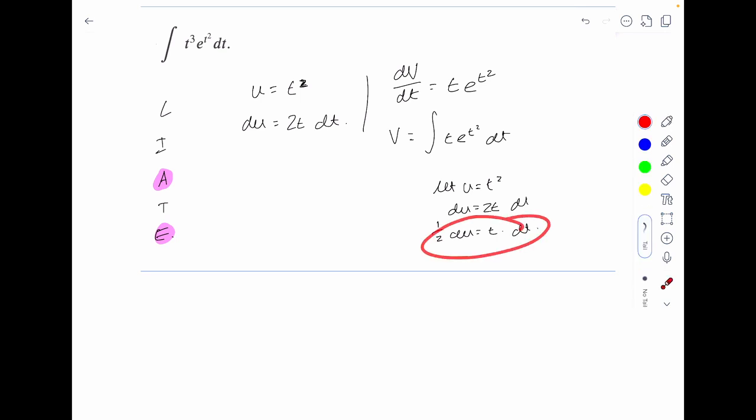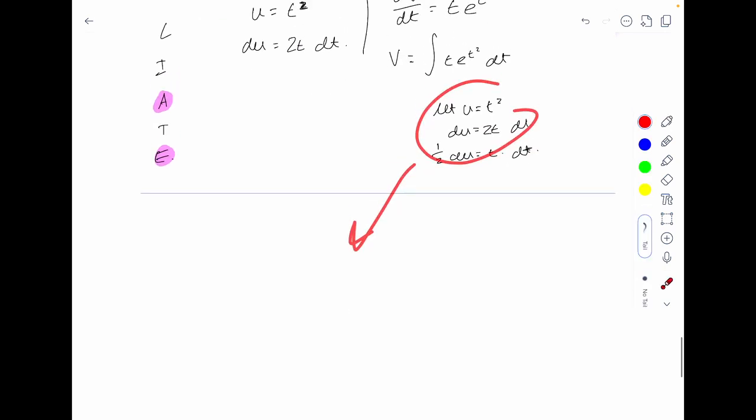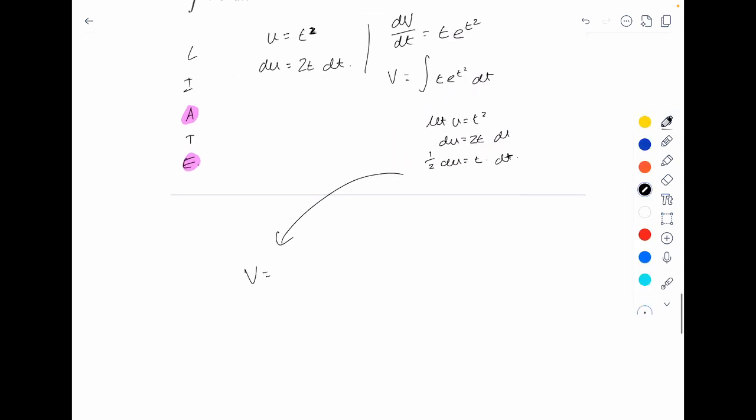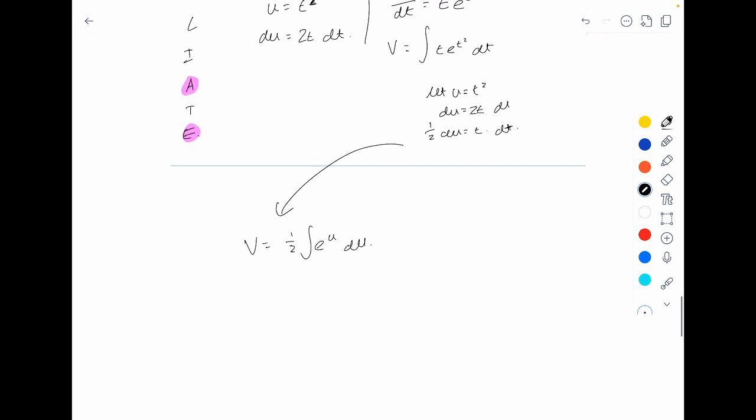So using that information, let's bring it down. v is therefore going to equal our new integral here, half e to the w dw.